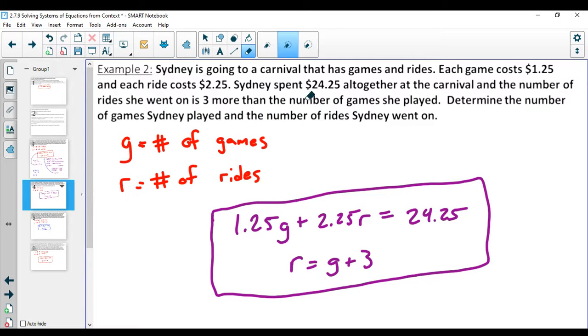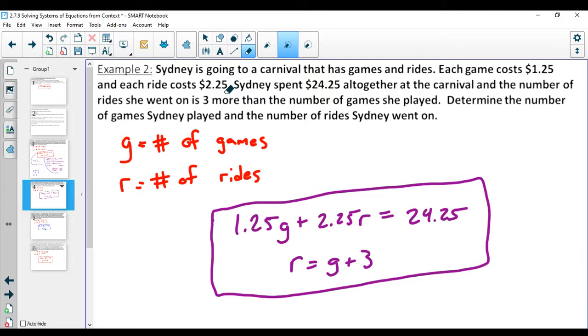If she spent a total of $24.25 and each ride was $2.25, and each game cost $1.25, then, well, first I made my variables, right: G is the number of games, R is number of rides, and again, determine the number of games and the number of rides. So that's why I like to make my variables what I'm looking for, right? So number of games, number of rides.